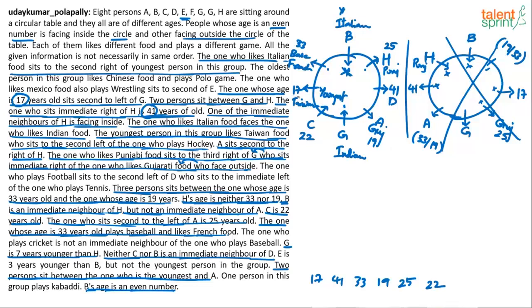So Taiwan should be second to hockey. Hockey should come for this person, because if you take hockey for, let's say, B, left would be clockwise, it will come this side. So hockey should come here, because second left of hockey, first and second, is the youngest person who likes Taiwan food.